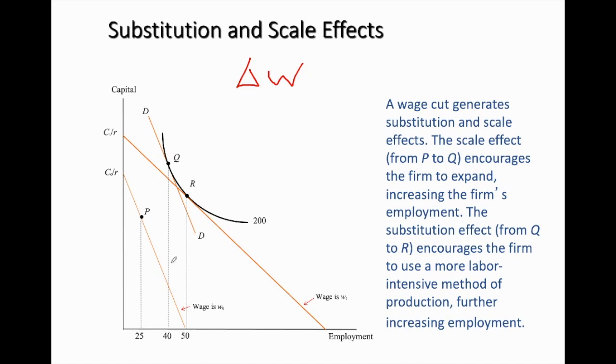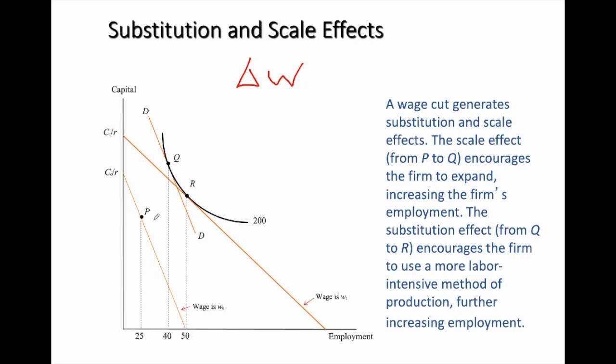So what we can see from this diagram is the step that we can take to isolate or to decompose the substitution effect and the scale effect. And this is based on the earlier analysis where we have a case of a reduction in the wage rate.